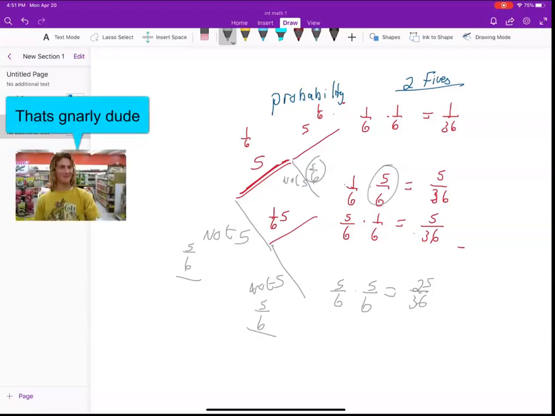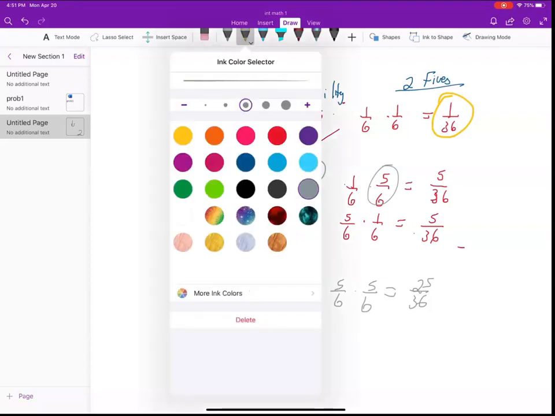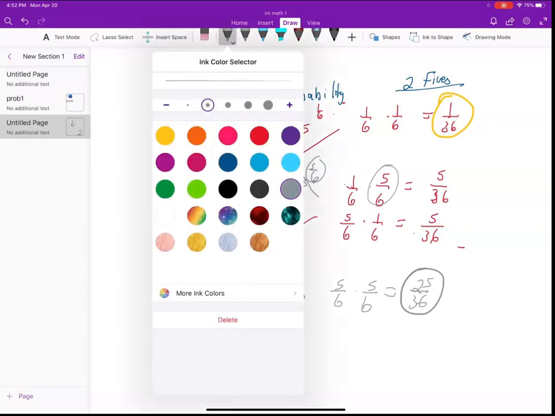Therefore, the probability of getting my 2 5s is right here. Here's my 2 5s. Okay? Probability of not getting 2 5s, something completely different, that's going to be right here. All right? Now, what does this one represent, though? That's kind of in the middle. All right?